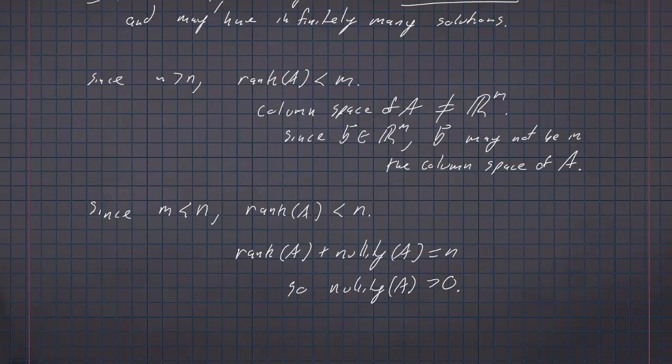But since the rank plus the nullity of A is equal to N, that means that the nullity must be bigger than 0. There is at least one dimension to the null space.